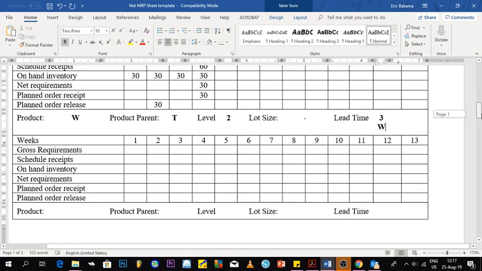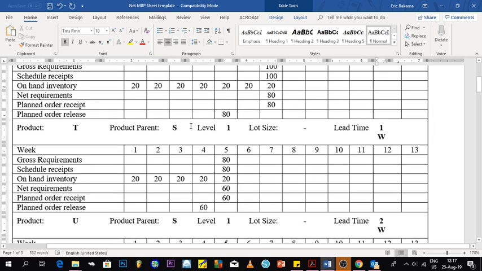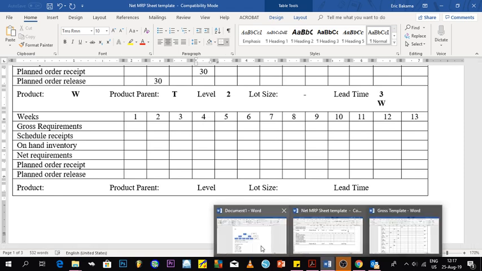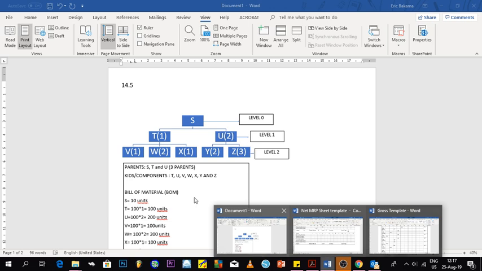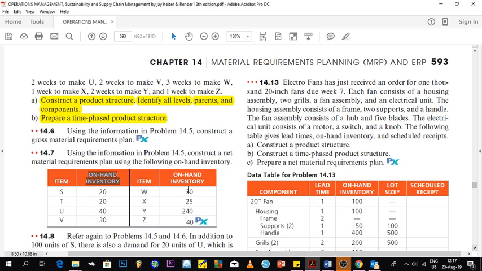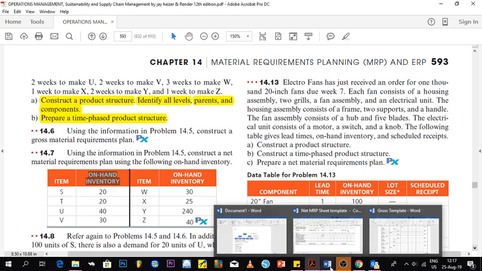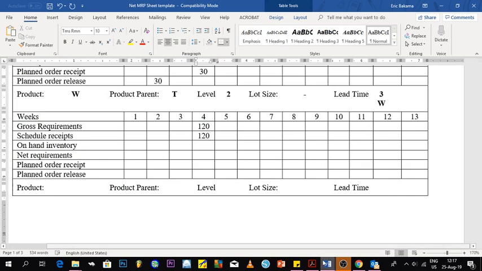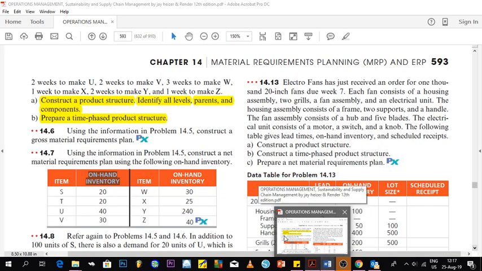So W is coming straight from T, where T needs to be ready by week 4, which is 60 units. We need to check how many items: it is 2. W is 2, so we have 60 times 2, which is 120. We have 120 here again. Then we look at the capacity on hand for W, which is 30 units.